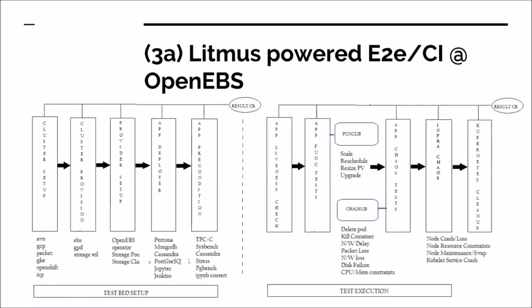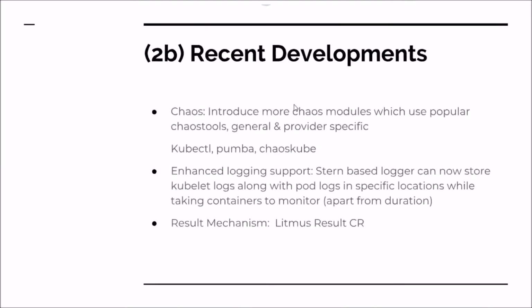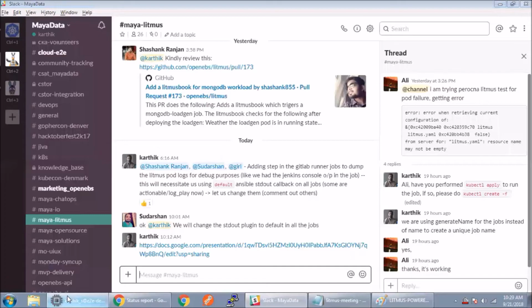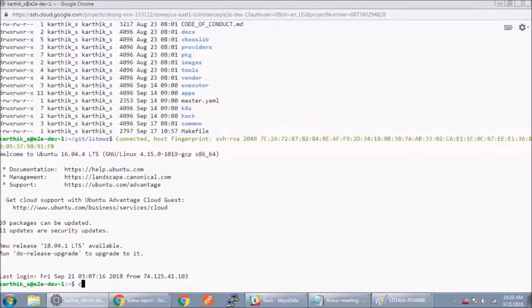Before I go into the next slide, which talks about how litmus is being used in OpenEBS CI, I'll just show you the structure of the repo, which is going to give a better picture about what we just spoke.